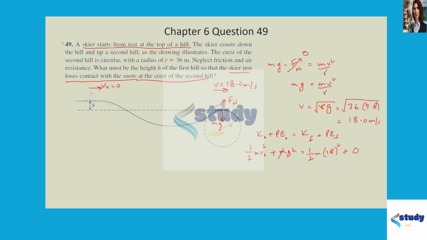So we can cross out all the m's, and we can now substitute our values. Actually 1/2 mv naught squared will be 0. So we have gh is equal to 1/2 times 18 squared. Substitute g is equal to 9.8, solve for h. The answer comes out to be 18.0 meters.